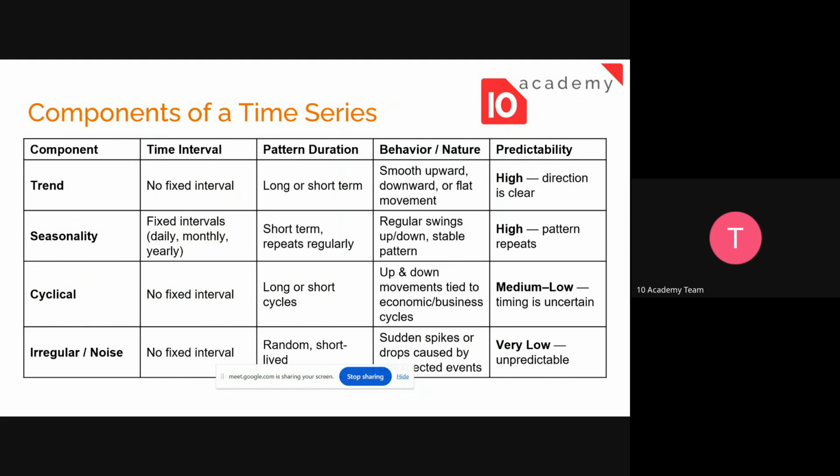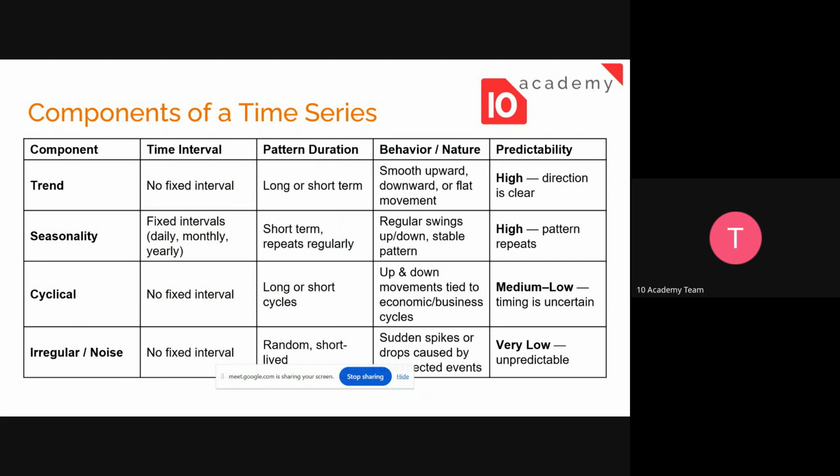When we come to seasonality, it's a fixed interval, like daily, monthly, quarterly, or yearly. When we talk about pattern duration, it's short term and repeats regularly. Behavior-wise, it has regular swings up and down, a stable pattern.